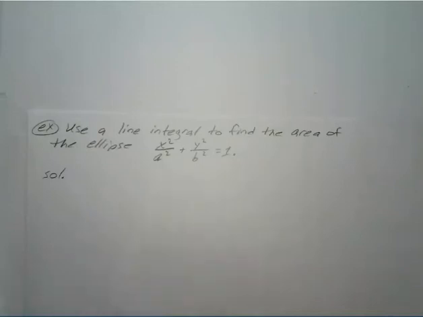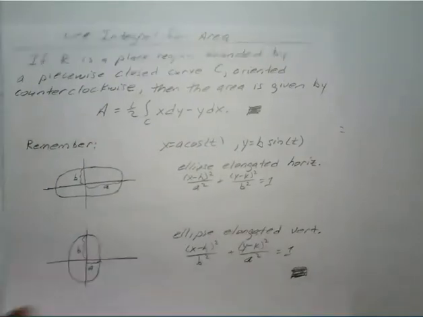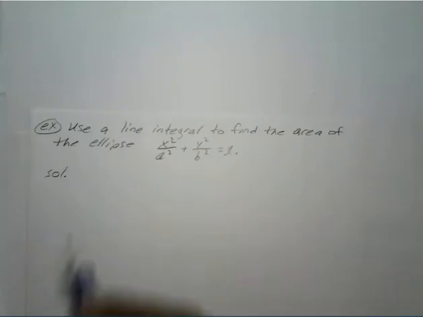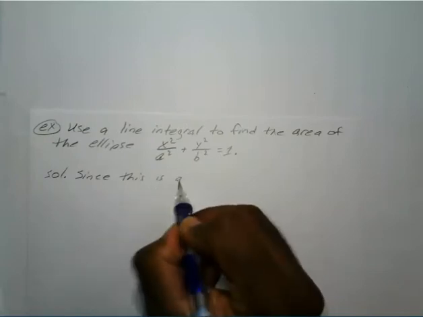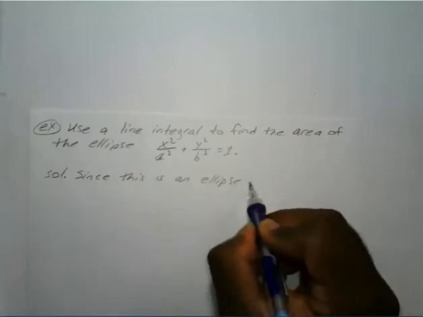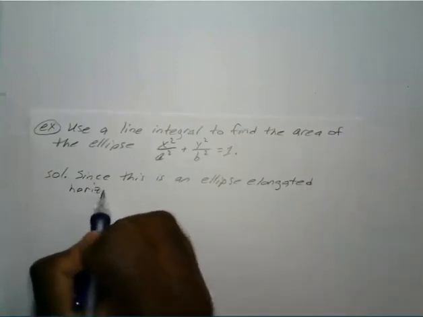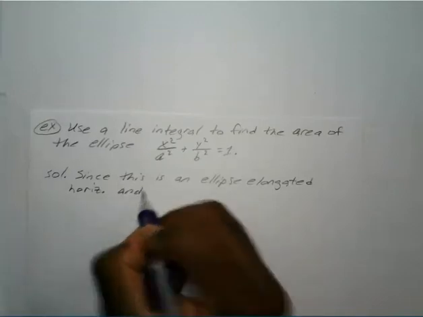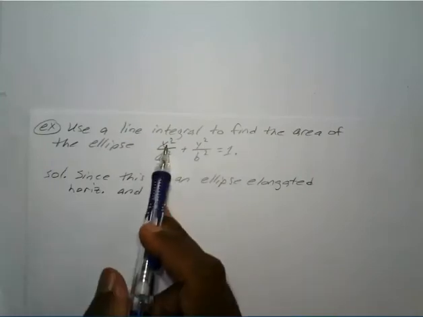All right, so looking at this, it can tell us one thing: that this is elongated horizontally. Okay, so since this is an ellipse elongated horizontally, and we know it's centered at 0 because it doesn't have the x minus h and y minus k, so those have to be 0, 0.